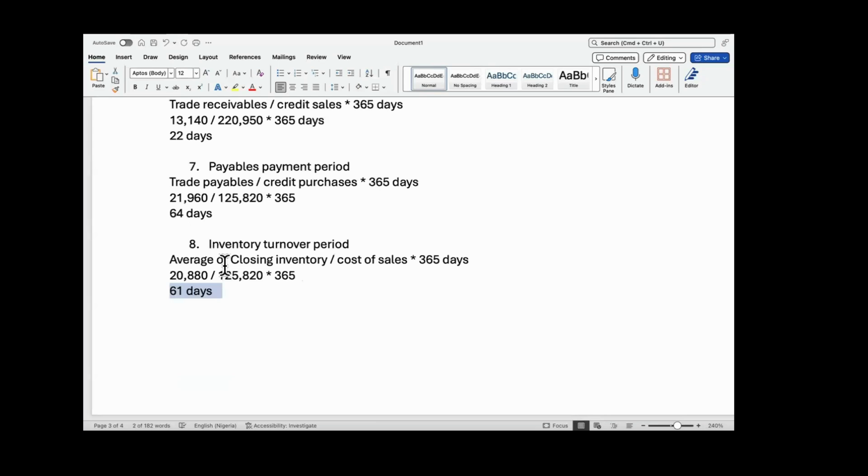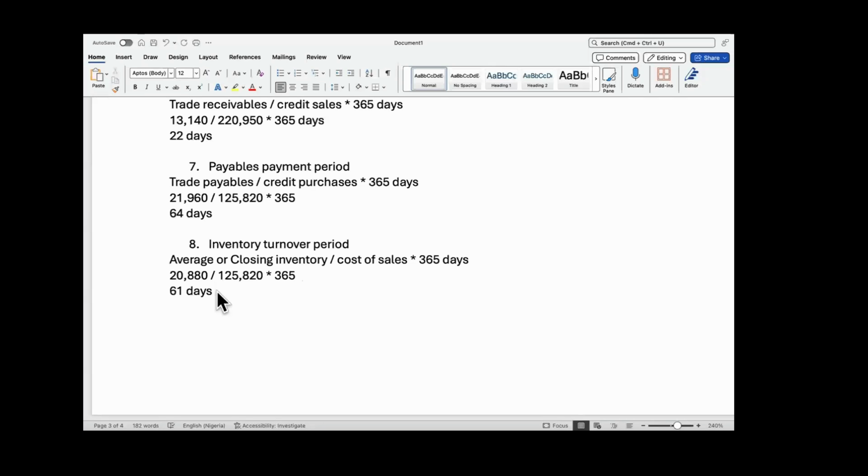Inventory turnover period: the number of days that it takes to convert inventory to sales. That's not bad. It can also be the number of days we held our inventory before we eventually sold it. That's inventory turnover period.